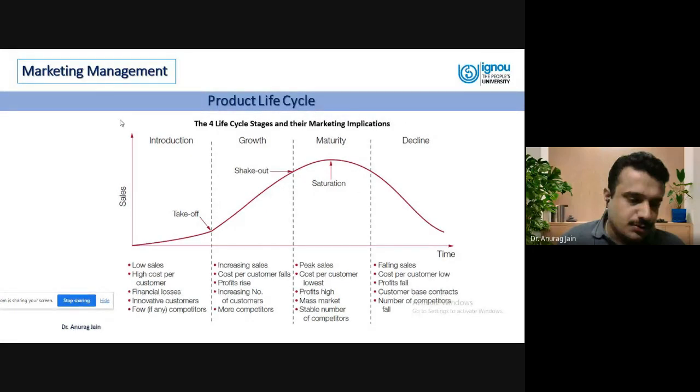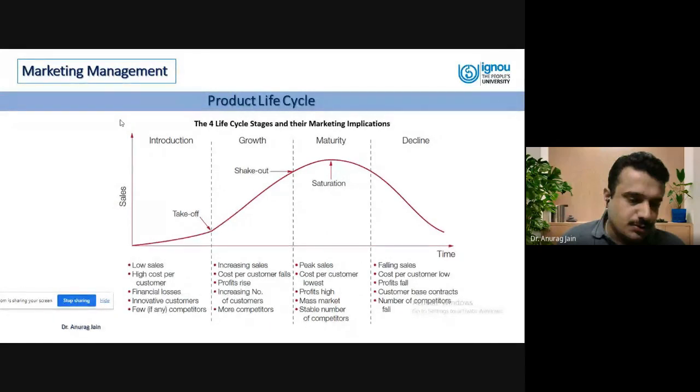The cost per customer will fall, because more customers are buying your product. Your profit will rise, and this is the stage where you will see profit for the first time, because in the introduction stage all the costs were there and you were not making a profit. But at the growth stage, you start making a profit.